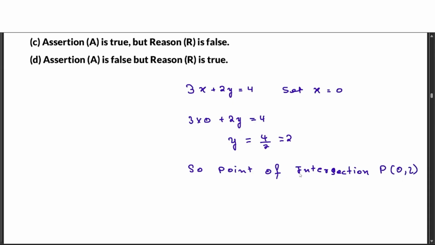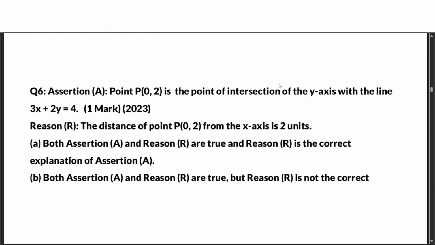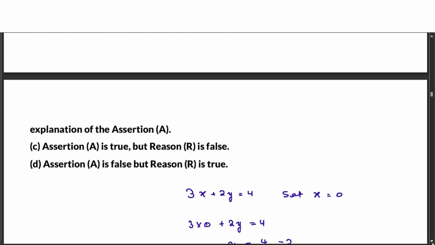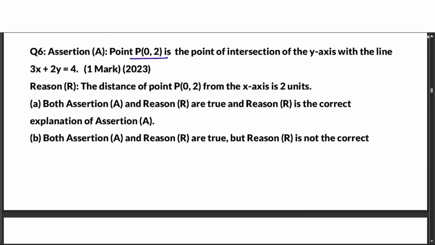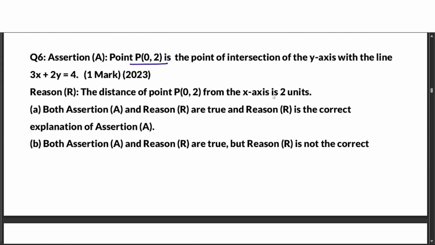Now you can say our assertion is true, because the assertion is saying the point of intersection is (0, 2). Now we have to find the distance of the point. The reason says the distance of point P from the x-axis is 2 units. Because it is asking for the distance from the x-axis, it is 2 units.